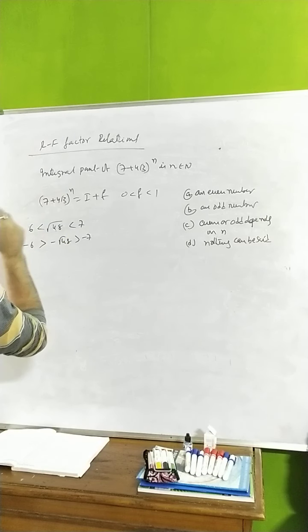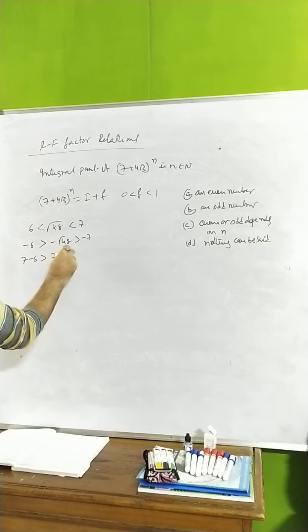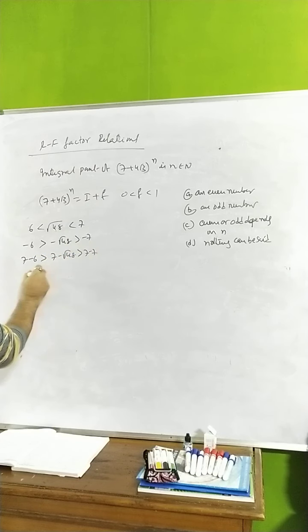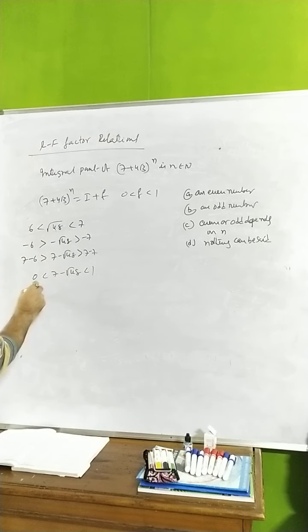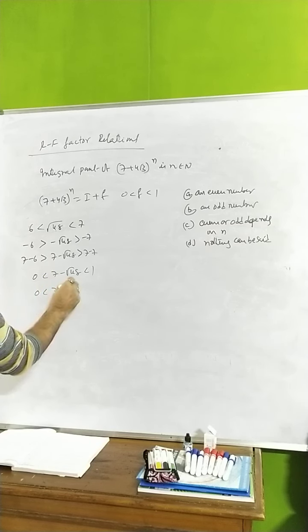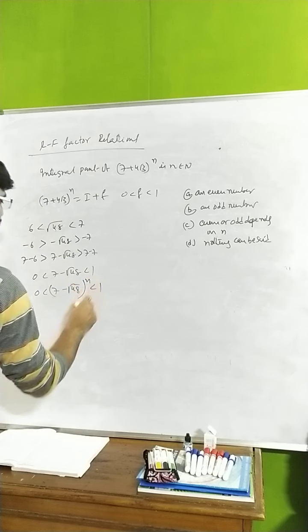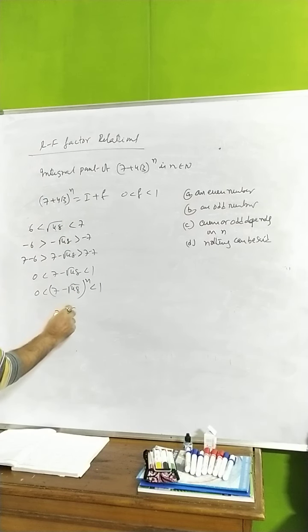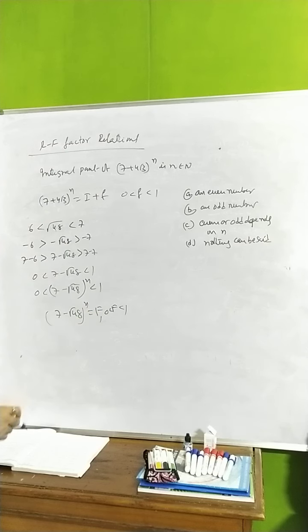Now we add: 7 minus 7 we got 0, less than 7 minus root 48, less than 1. You can raise the power to whatever you want, and you will get the same as it is. That means 7 minus root 48 whole to the power of n becomes small f, and that f also lies between 0 and 1.